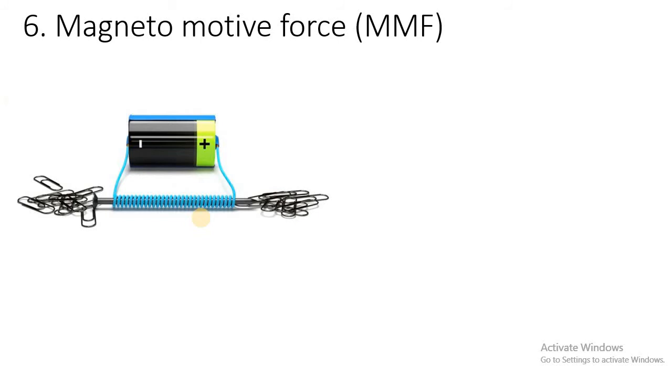That is one. Second, suppose this wire is having 10 turns. Instead of 10 turns, I have increased it to 50 turns. When I am increasing to 50 turns, what will happen?